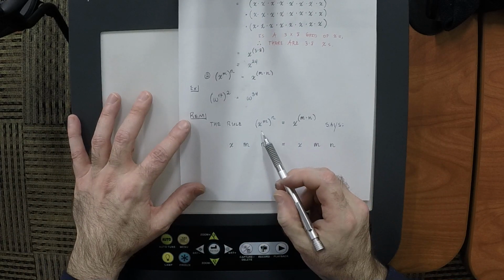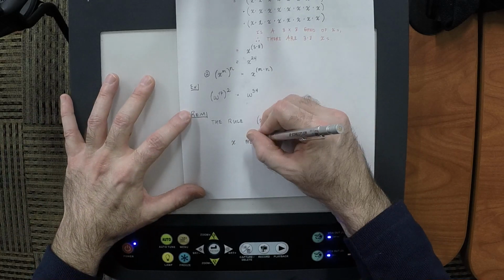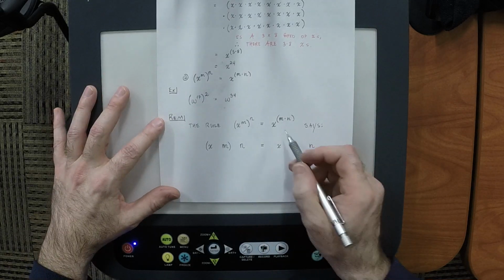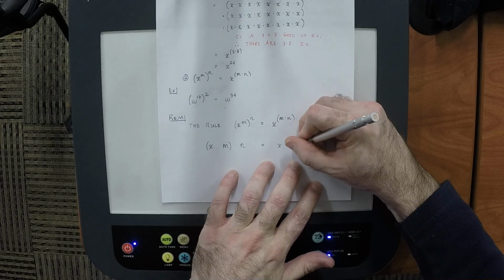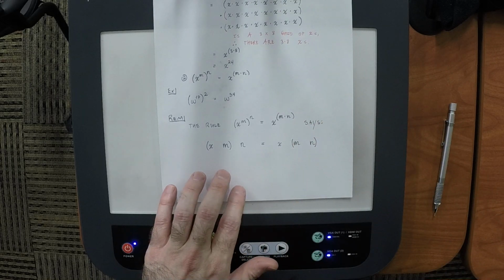On the left-hand side, observe that x and m are parenthesized, and on the right-hand side, m and n are parenthesized.